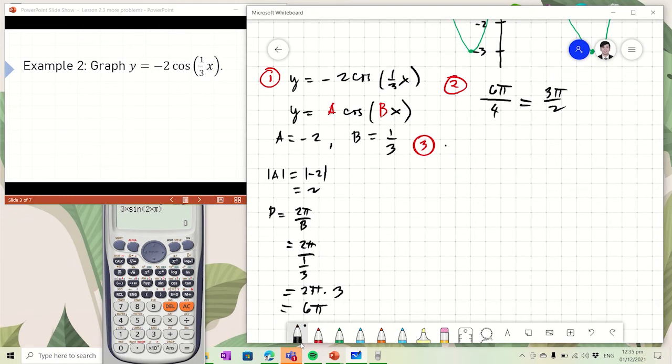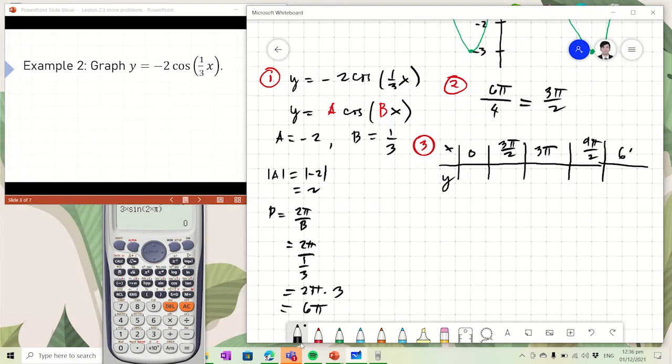So, gawa tayo ng table of values. Yung x natin is 0. Yung una natin na isusulat dito is yung 3 pi over 2. And then afterwards, we have 3 pi. And then next would be 9 pi over 2. And then finally, 6 pi.